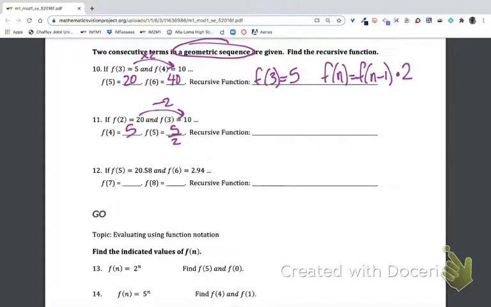So my recursive function, f of 2 will be 20. Again, that's the first term I'm given. And to find the next term, we're going to take the previous term and divide it by 2.